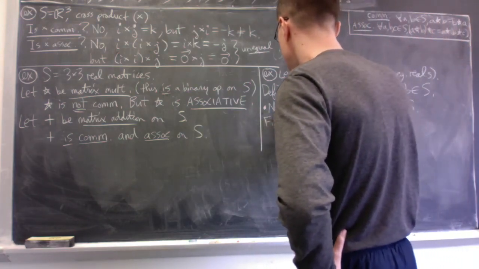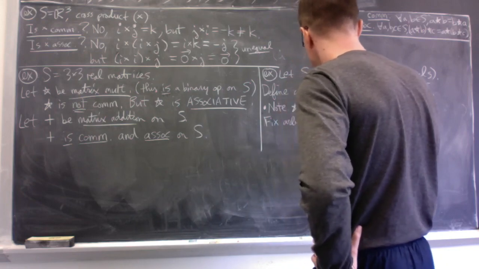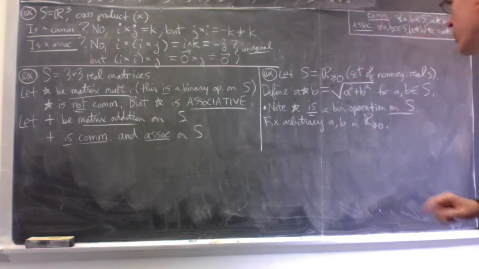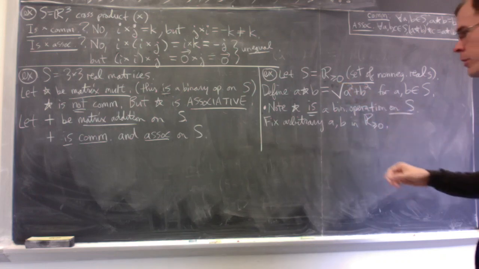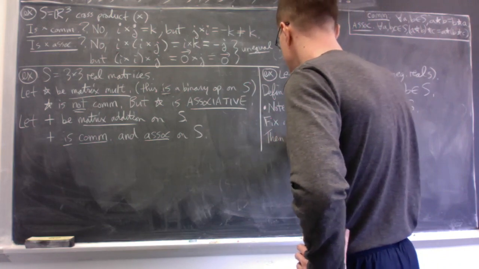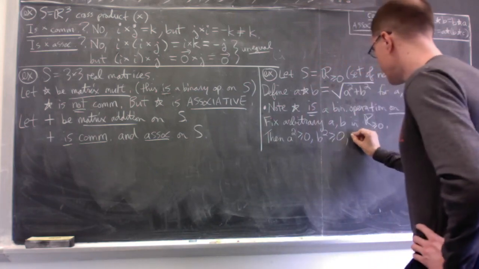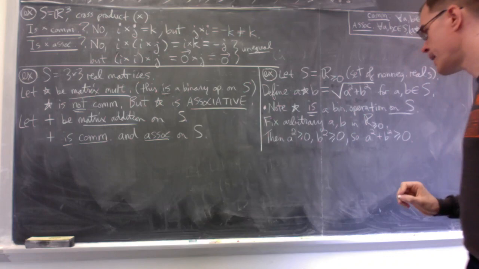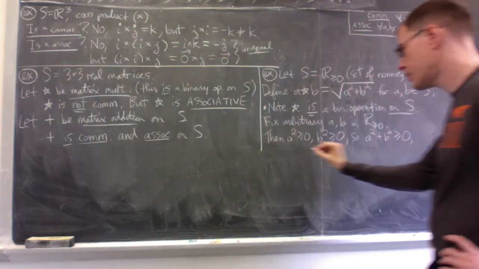If we fix arbitrary a and b in this set, reals greater than or equal to 0, then a squared and b squared separately are greater than or equal to 0, so their sum is as well. And that's important because I want to be able to take that square root and get a real number coming out.